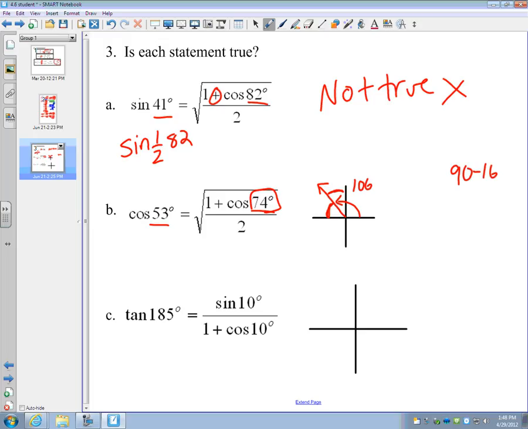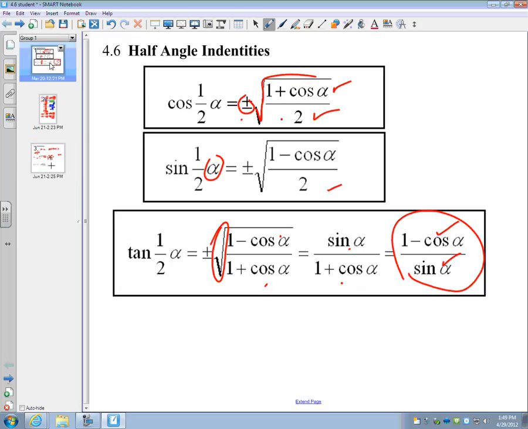Let's just double check here. The cos of 53, since we're in CAST, should be positive, so that looks okay. But let's look at the cos of 74. It should be a plus sign, right? But wait a second.